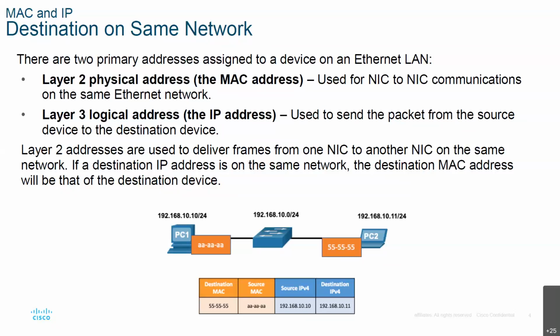It is used for sending a packet from the source device to the destination device. So layer 2 addresses deliver frames from one NIC to another NIC on the same network. If you are sending to an outside network, it will only register the gateway's MAC address.